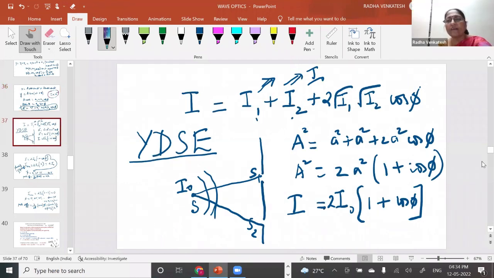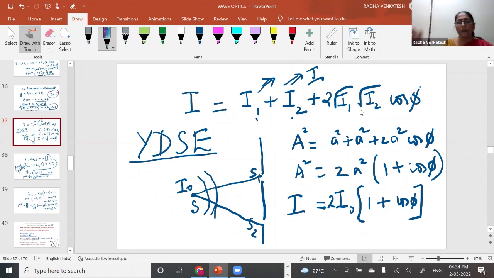Each wave will have its own intensity, isn't it? So a1 squared becomes I1, a2 squared will be I2, then plus 2 root of I1 I2 cos phi. So this is the general expression for the resultant intensity when two waves of different intensities superpose on each other.